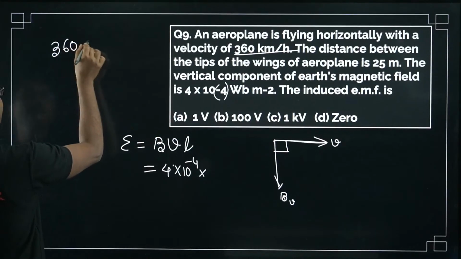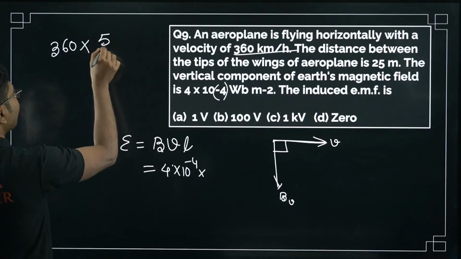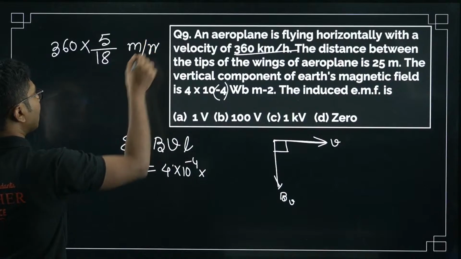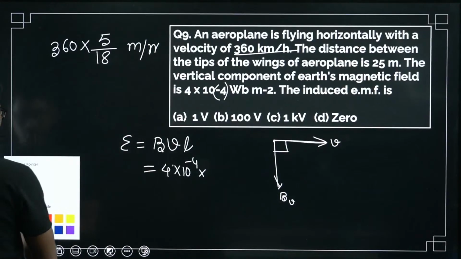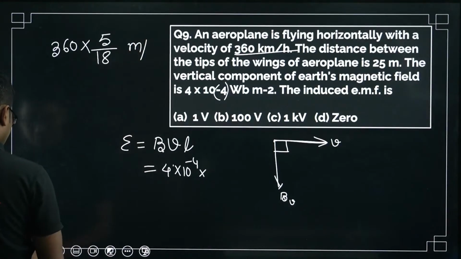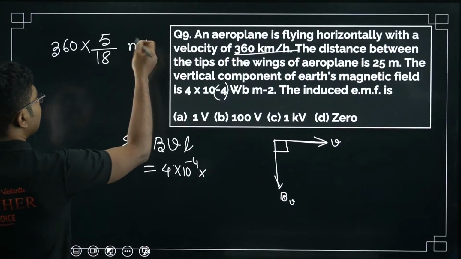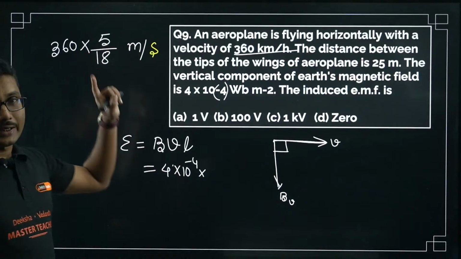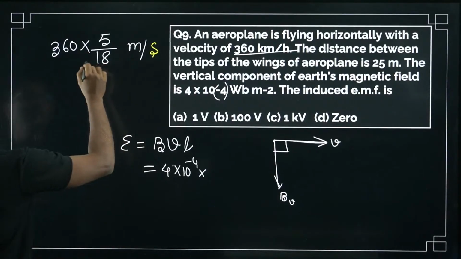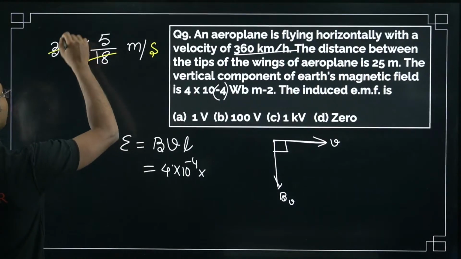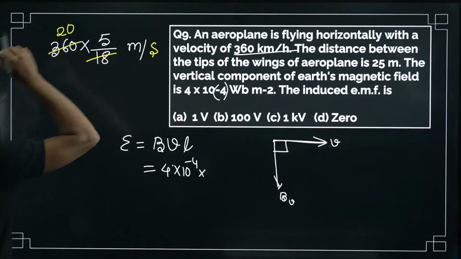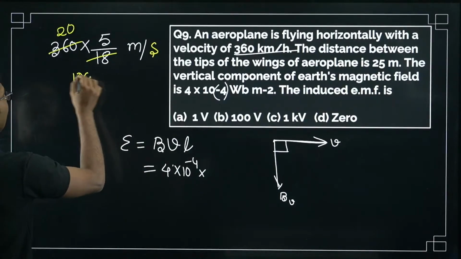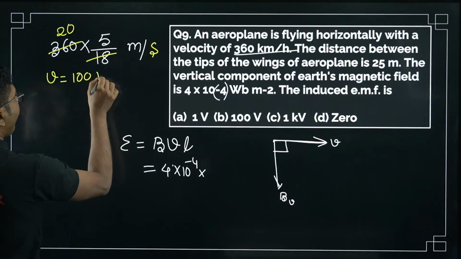So 360 kilometer per hour means multiply by 5 by 18. This is the factor you have to remember to convert easily into meter per second. Otherwise you have to multiply with 1000 in the numerator, then divide by 3600 in the denominator. So whatever you do, you will get this factor. This is a shortcut way to solve. 360 by 18 is 20, so 100 meter per second is the speed, right?